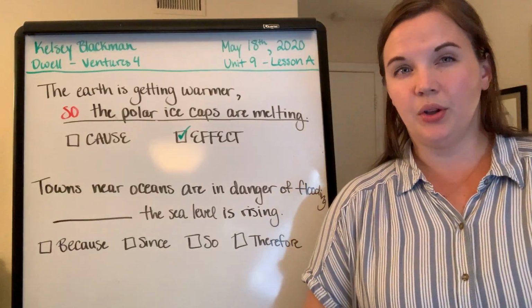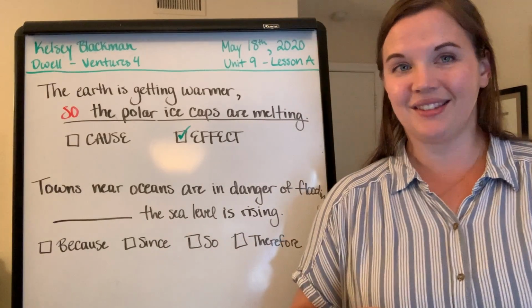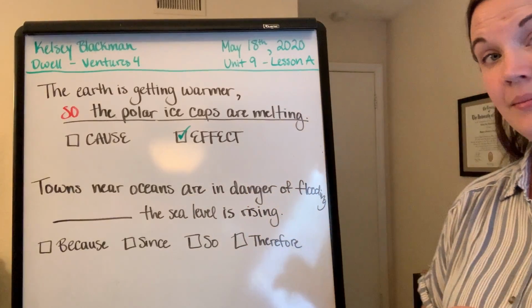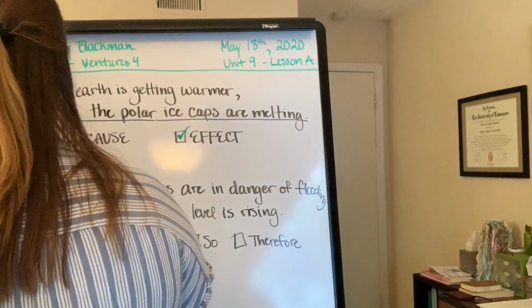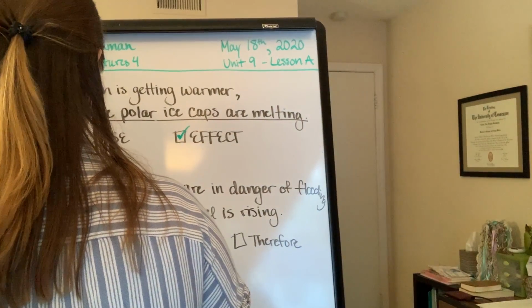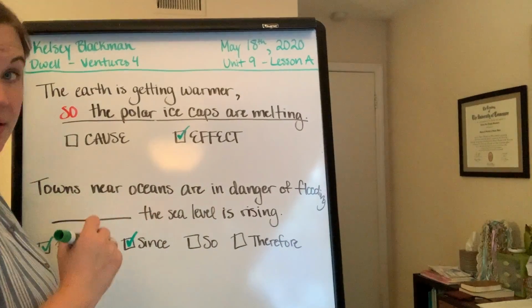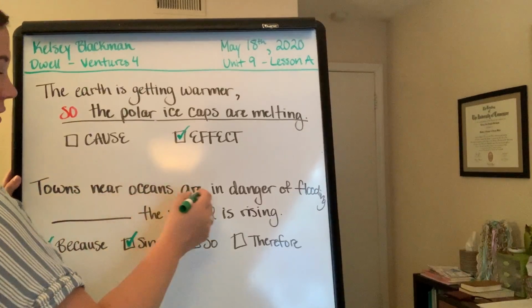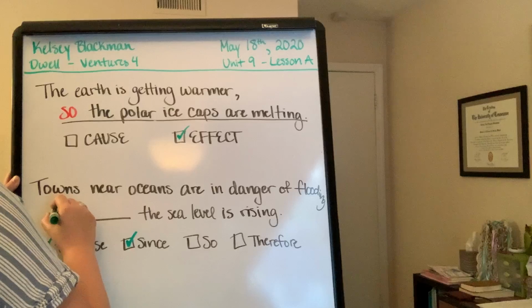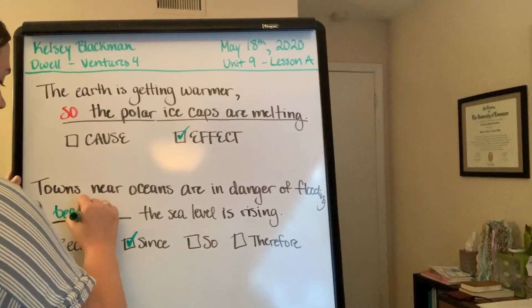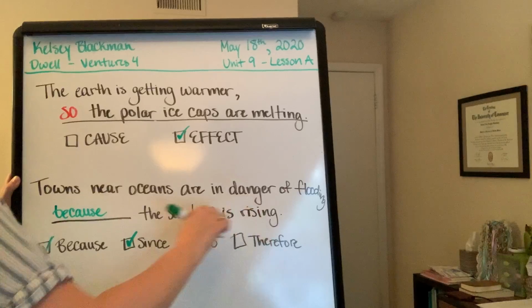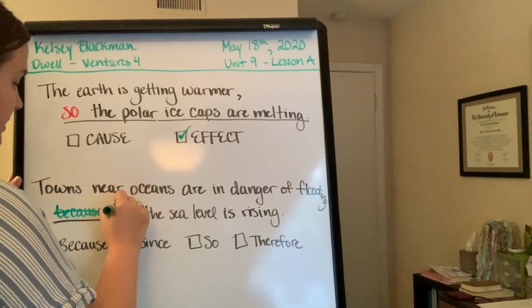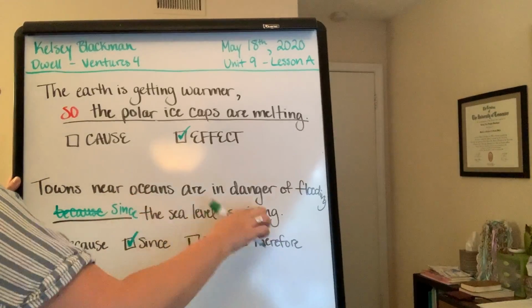Which 2 of those will complete the cause clause? Because or since. So you could say towns near oceans are in danger of flooding because the sea level is rising, or you could say since the sea level is rising.